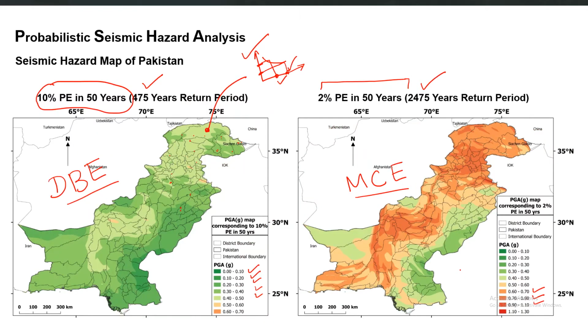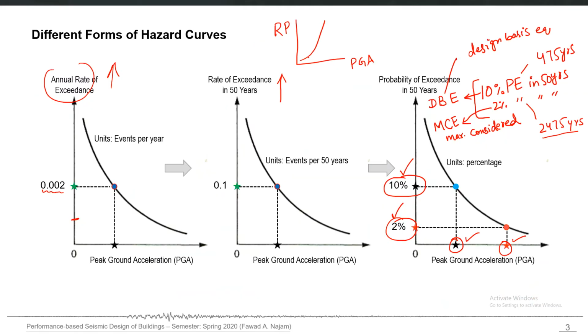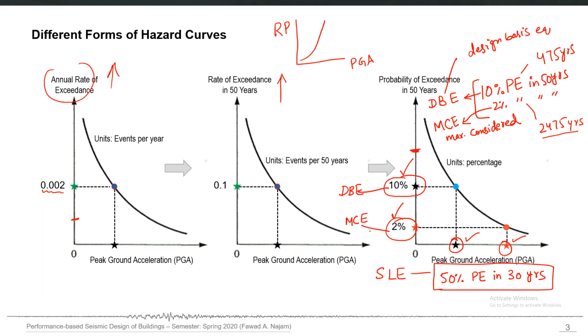So which means that if I go back maybe here, this 10% was DBE, and this 2% in 50 years was MCE, and now we have SLE also, which corresponds to a 50% probability of exceedance in 30 years. If you convert it into an equivalent probability of exceedance in 50 years, you will see that it will be somewhere here.